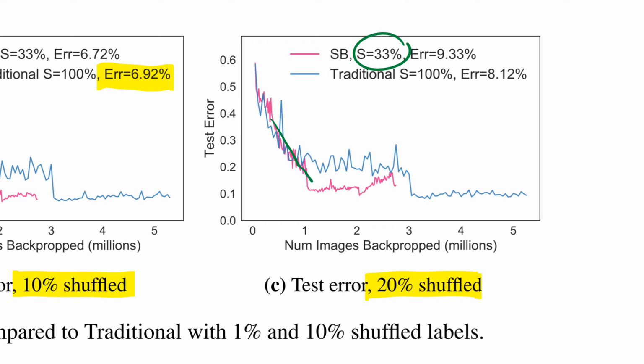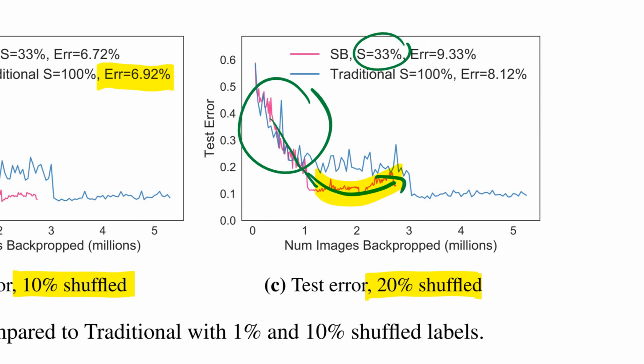But you see, it gets to a low error, but then it goes up again as it massively overfits on these wrongly labeled examples because it upweighs them so much. All right, it upweighs these because here still every example is hard, right? So these wrongly labeled examples get about the same weight as correctly labeled examples because the network isn't trained yet. But as you go lower, it starts to massively overfit.